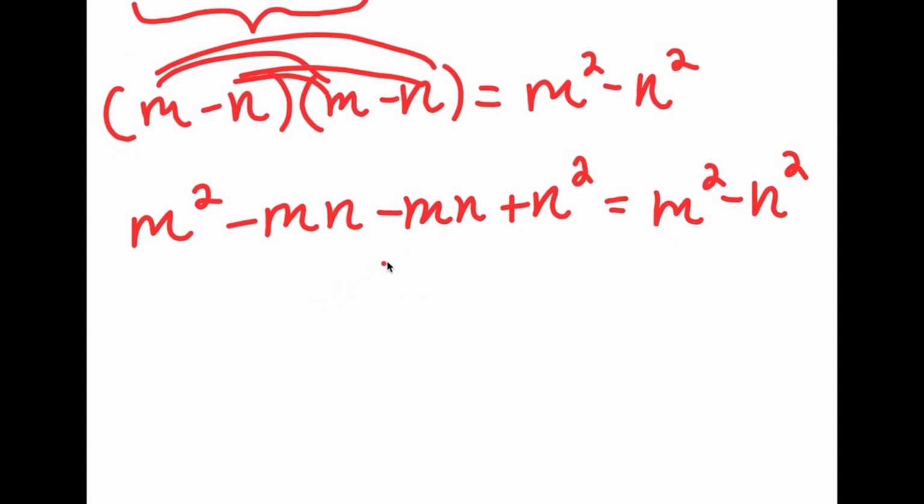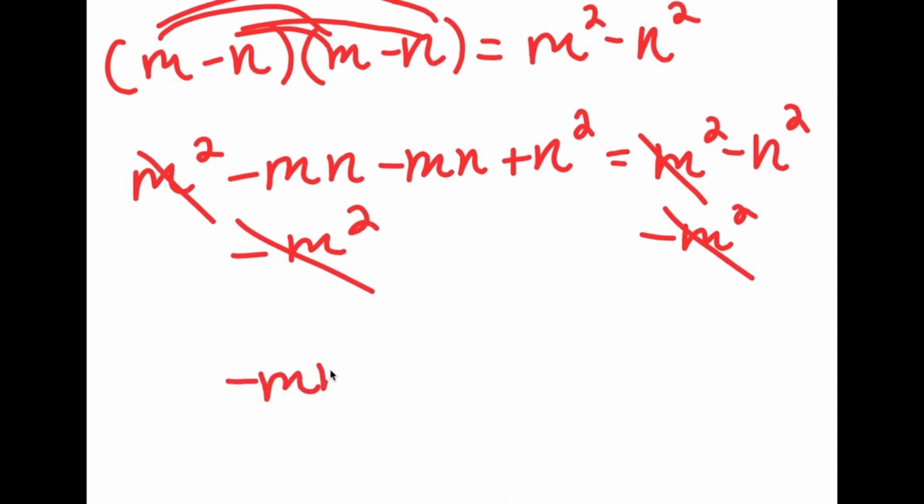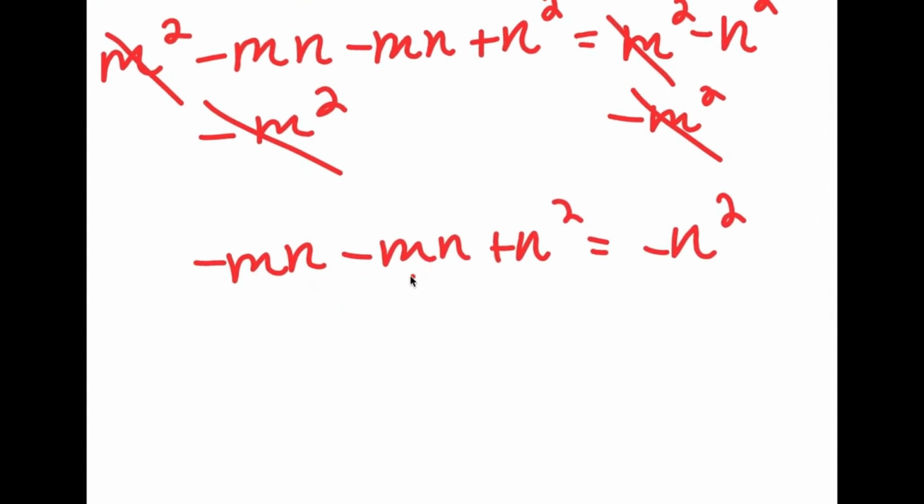Now, I can do a few things here. I can first start by subtracting m squared on both sides, so this way these two m squareds cancel out. And now I'll be left with negative mn minus mn plus n squared is equal to negative n squared. Now negative mn minus mn is equal to negative 2mn.